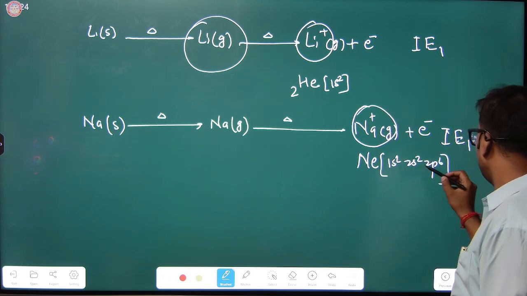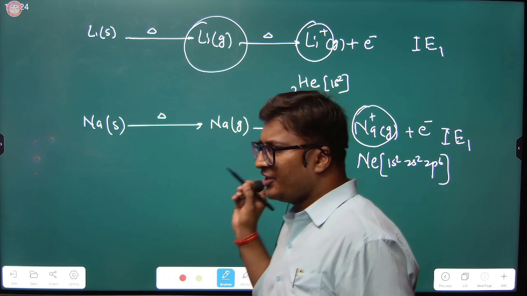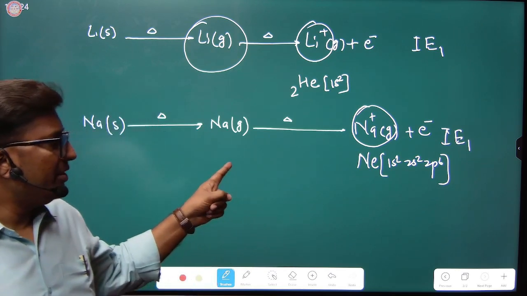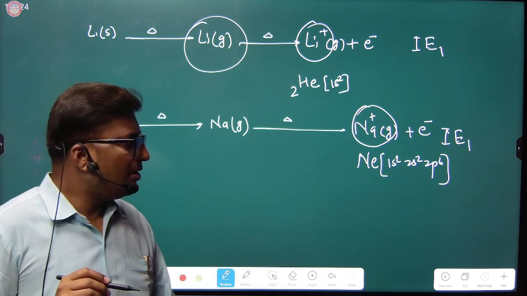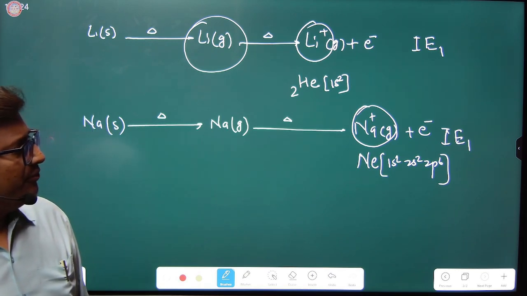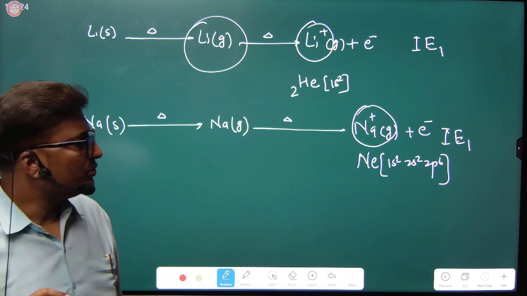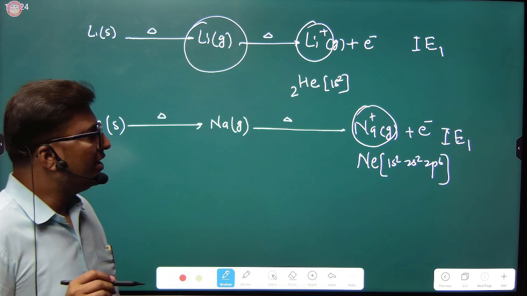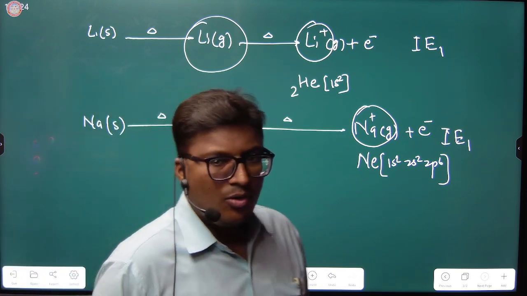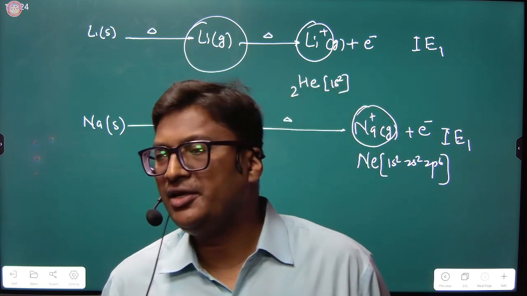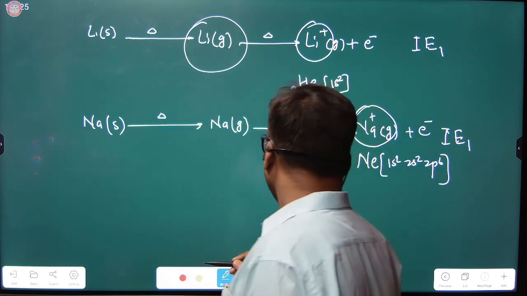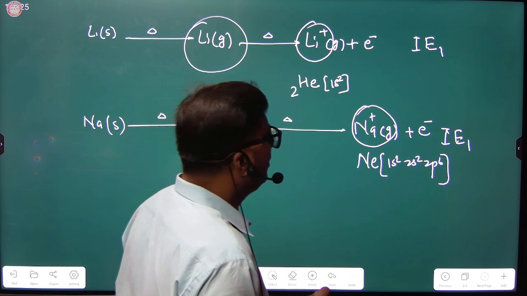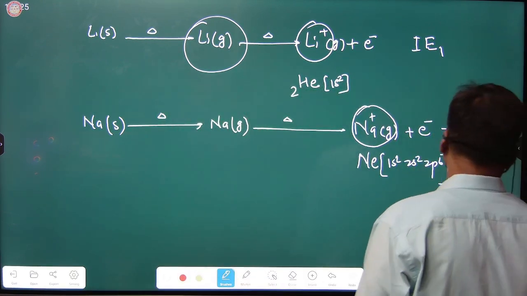From it you can see that the s orbitals and p orbitals are completely filled and closed. So the filled or completely closed system indicates that the sodium cation is more stable, and the stability is similar to neon, which is a noble gas, right? So in this case, the ionization energy IE1.